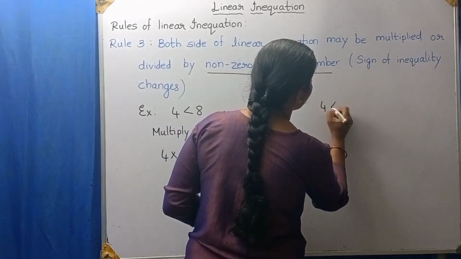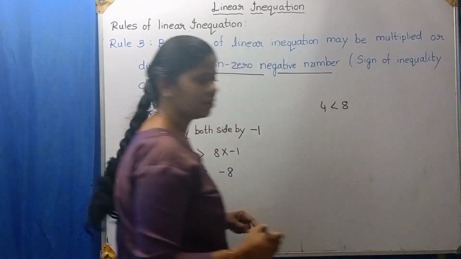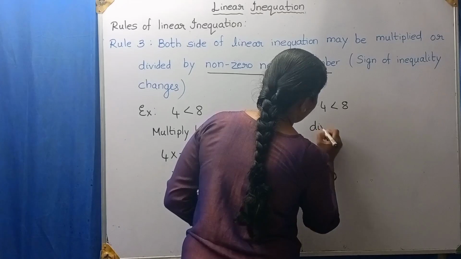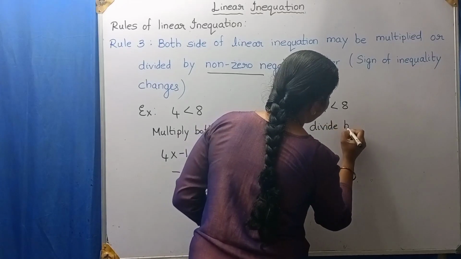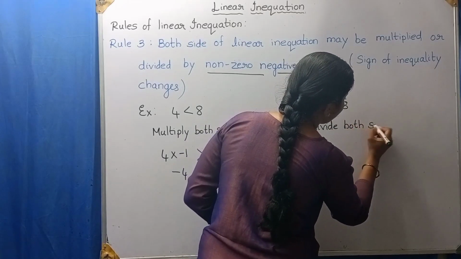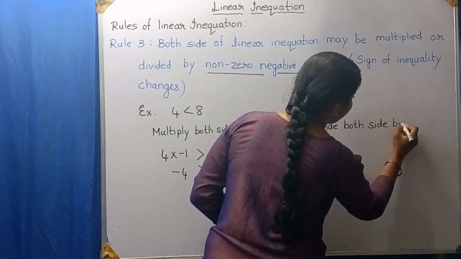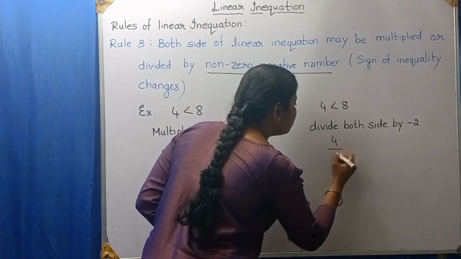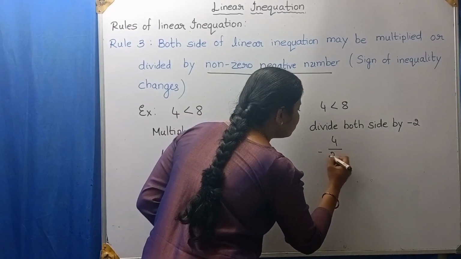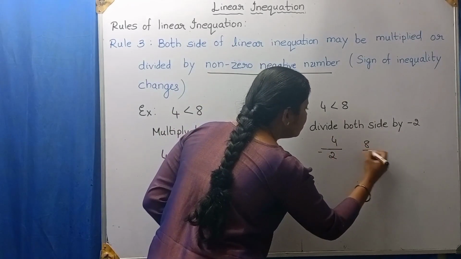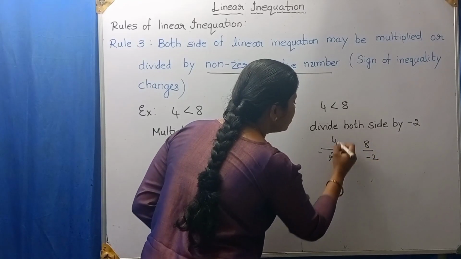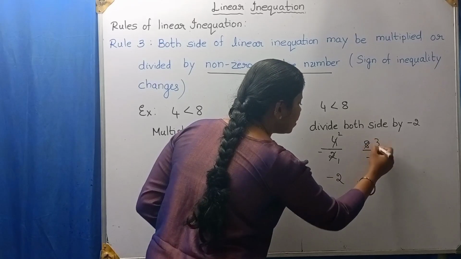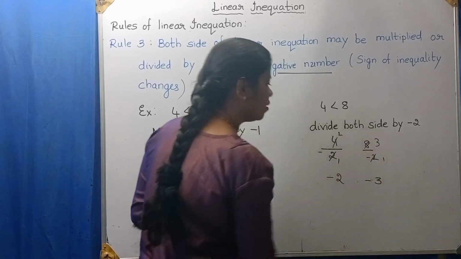4 is lesser than 8. Okay, divide both sides by -2. See here. 4 divided by -2 is -2. 8 divided by -2 is -4.